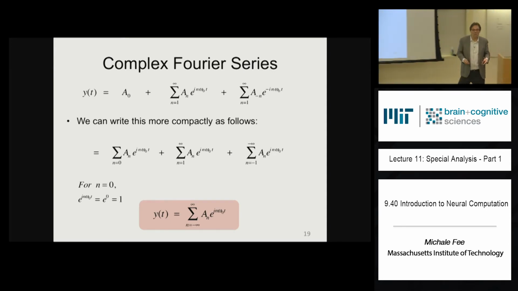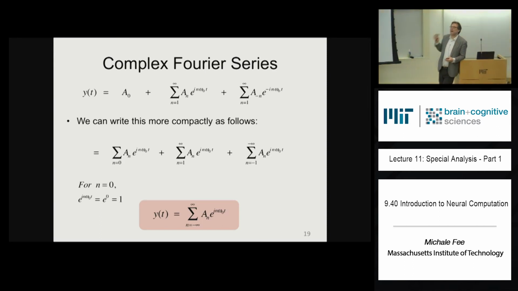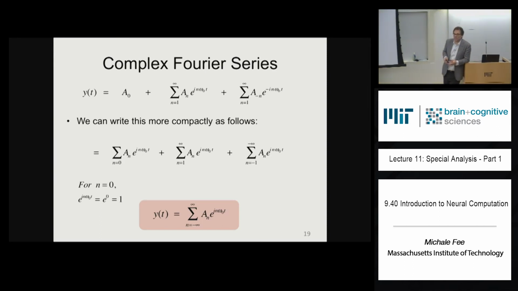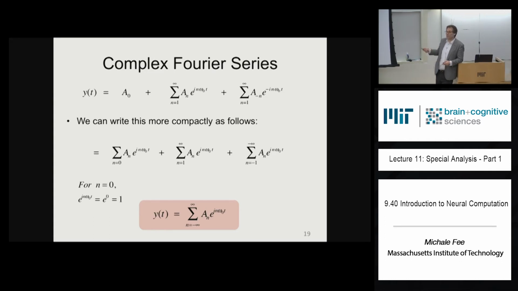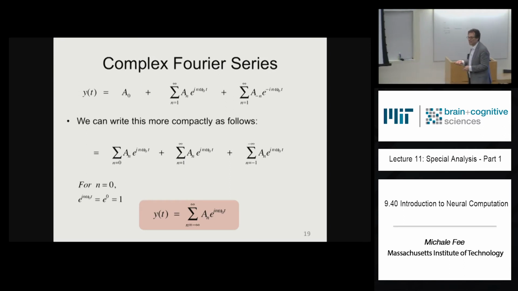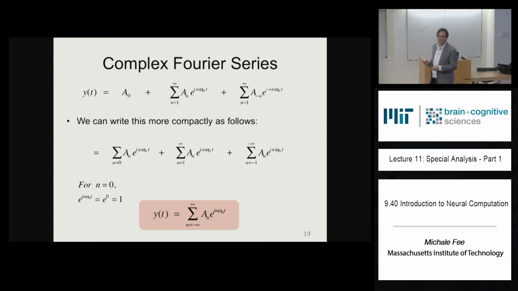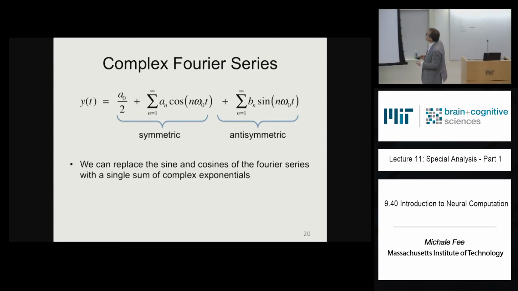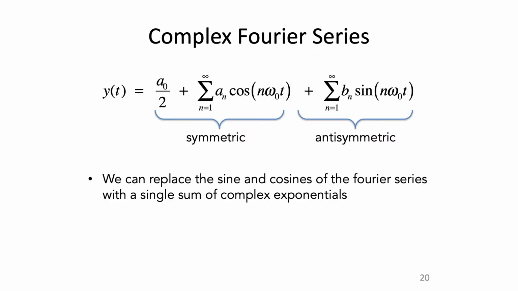But remember, this is just a mathematical trick to hide sines and cosines. A very powerful trick, but that's all it's doing. It's hiding sines and cosines. So we've replaced our sums over cosines and sines with a sum of complex exponentials.